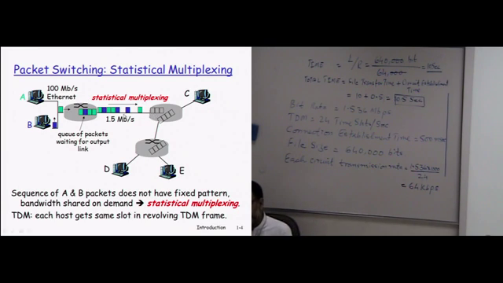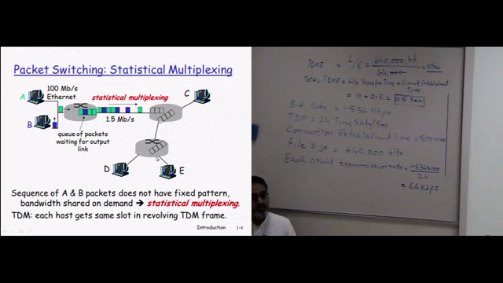So on this link, by using statistical time division multiplexing, the packets will be transmitted to the next hop, which will be the next router, and ultimately they will reach their destination C, D or E. Now you can see that if A wants to send a packet to, for example, E, it will cross hop 1, hop 2 and hop 3.